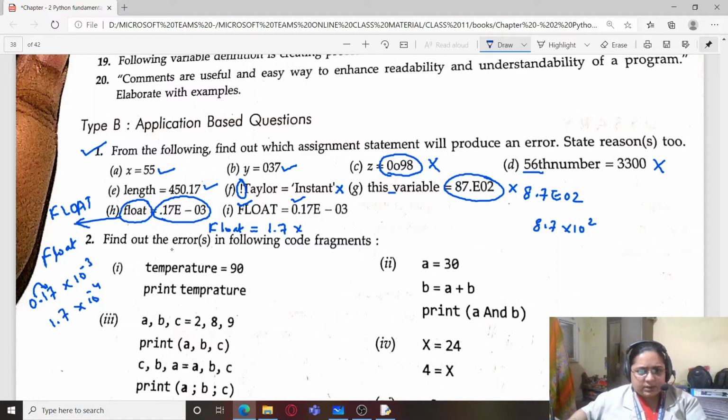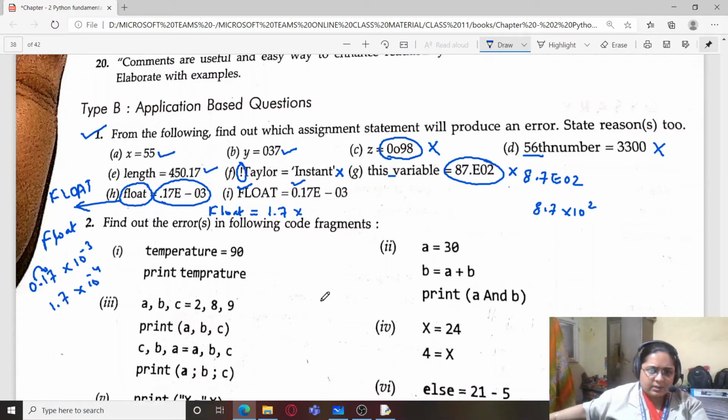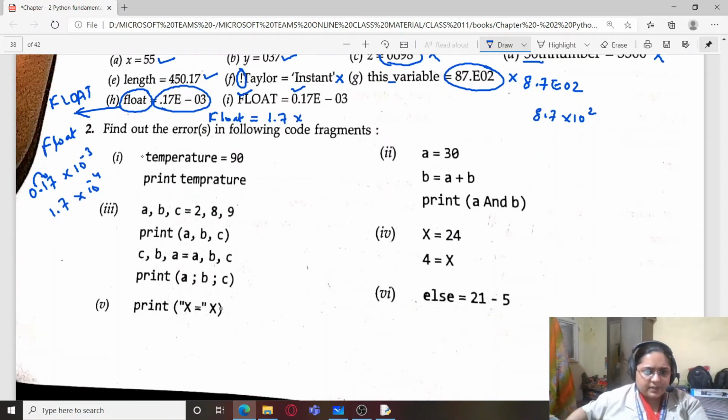Next, find out the errors in the following code fragment. So let's check out the errors here. First one is temperature = 90, then print temperature. First of all, the identifier name is wrong, because here the spelling is different. Whether the spelling is correct or wrong doesn't matter.